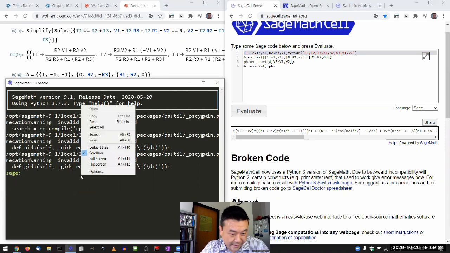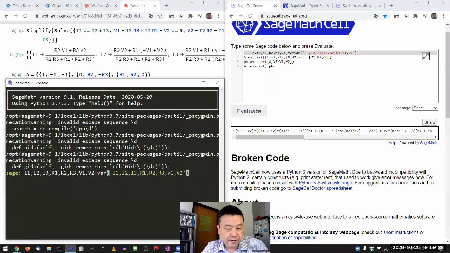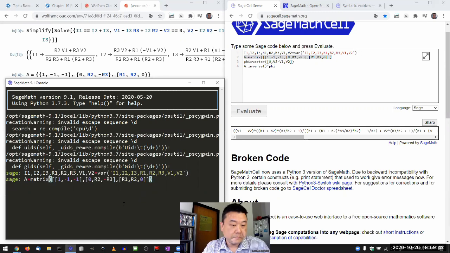It doesn't. So right click and then paste, Shift Insert. All right, so this initializes my variables. Let me copy and paste this to define my matrix A. Oh okay, Shift Insert. Where's my insert? Okay, there's my A.